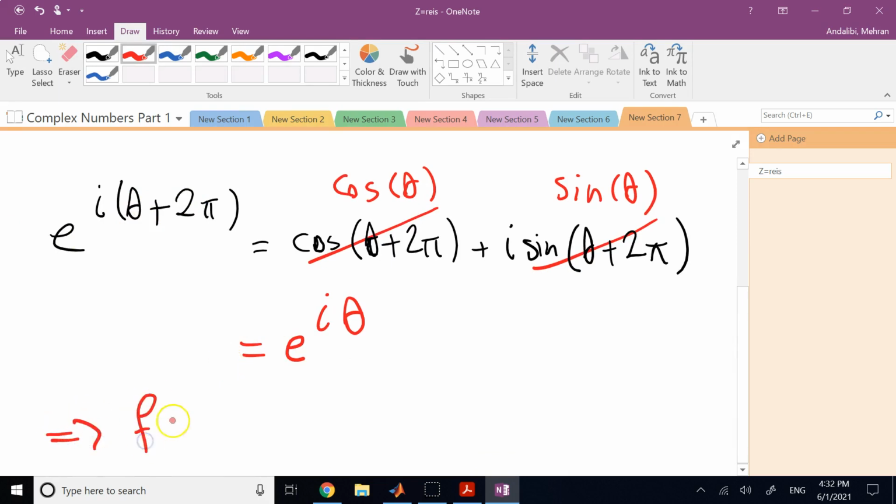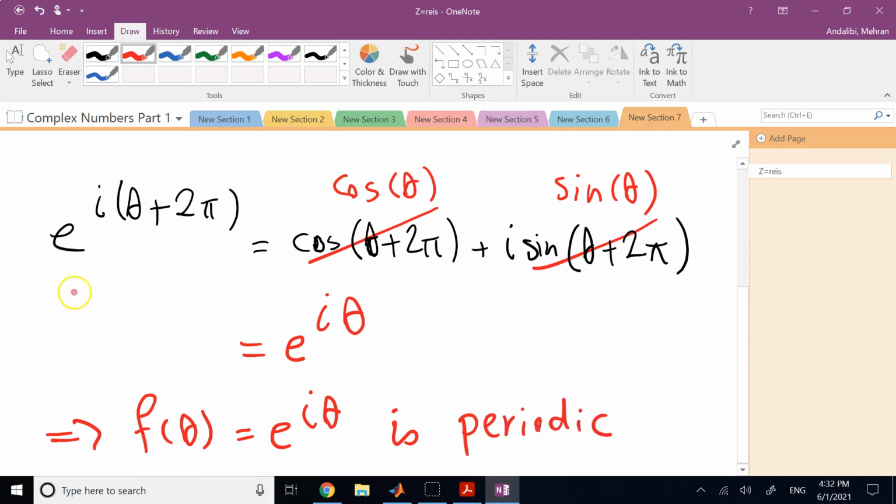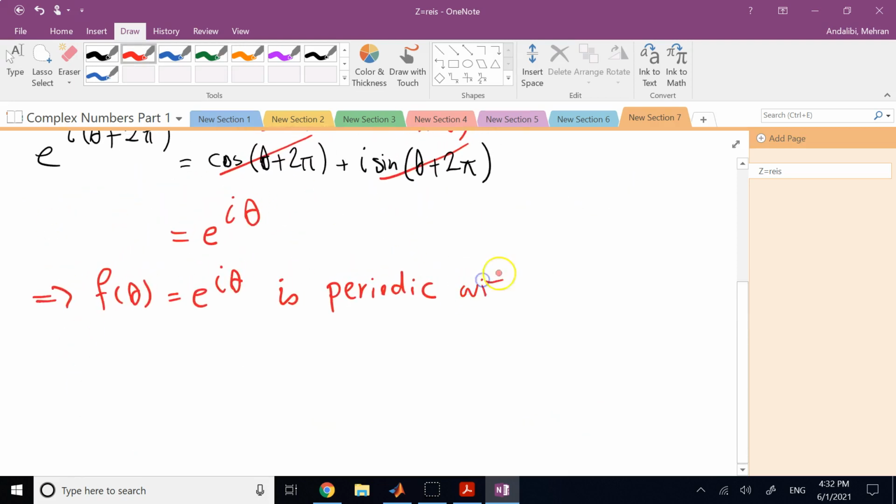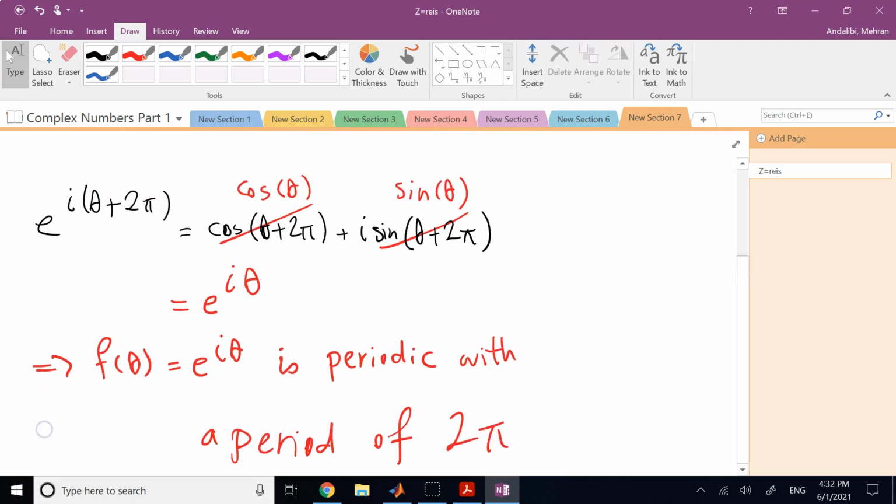So we say f of theta equals e to the I theta is periodic, with a period of 2 pi. Okay, good.